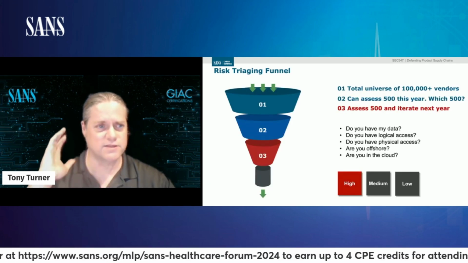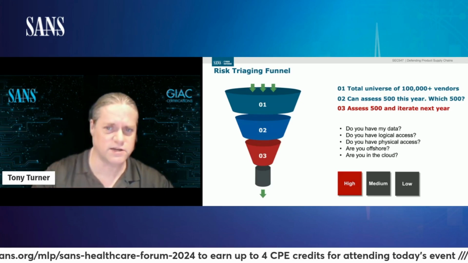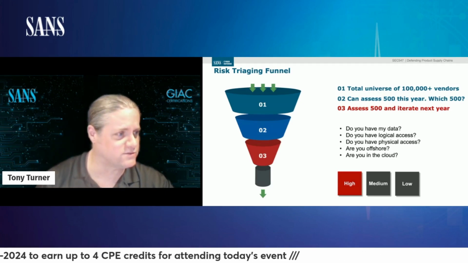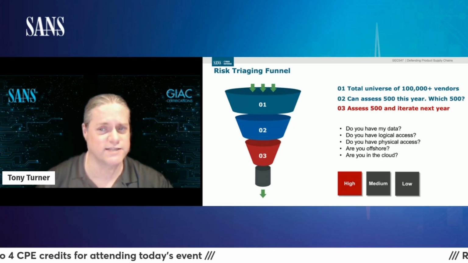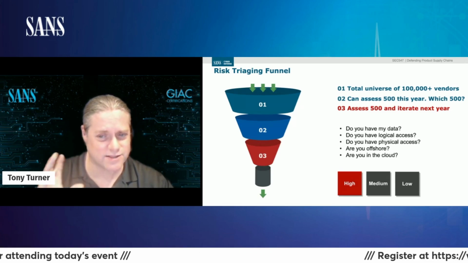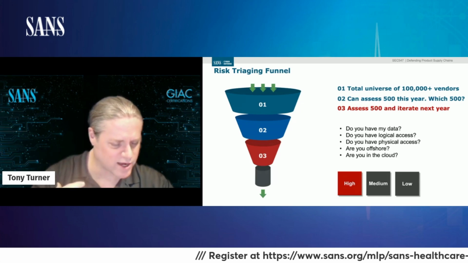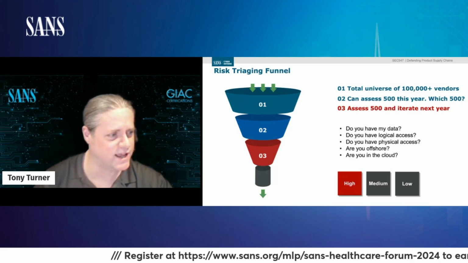So when I think about this risk triaging funnel, the scenario is this: I have 100,000 vendors. I can only assess 500 this year. Which 500 do I assess this year? How do I get to that understanding? A lot of people have an intake process that is itself kind of heavy handed.